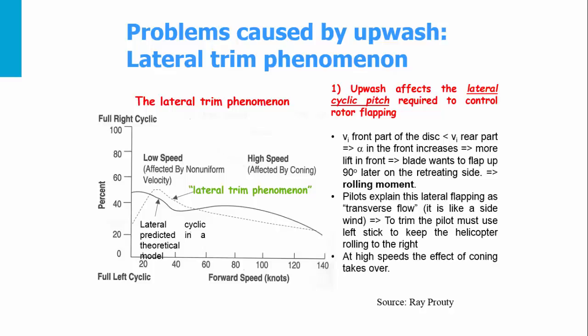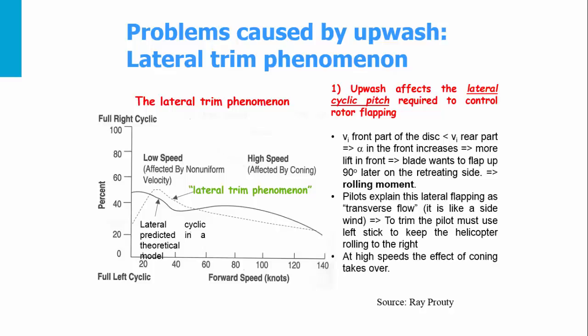Therefore, due to the gyroscopic effects, the blade will want to flap up 90 degrees later on the retreating side, and we will have a rolling moment. The pilot explains this lateral flapping as a transverse flow, like a side wind, and therefore to trim, the pilot must use a left stick in order to keep the helicopter from rolling to the right.